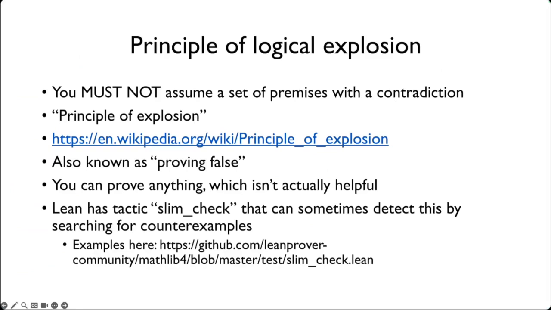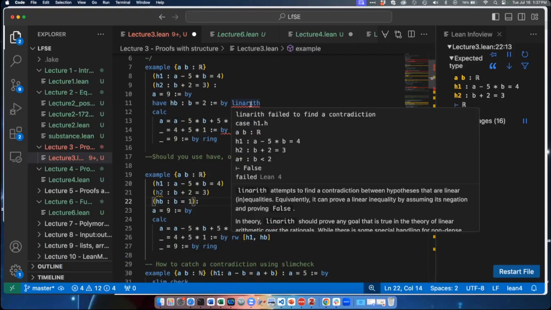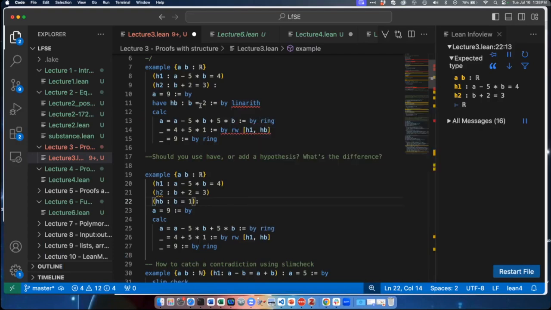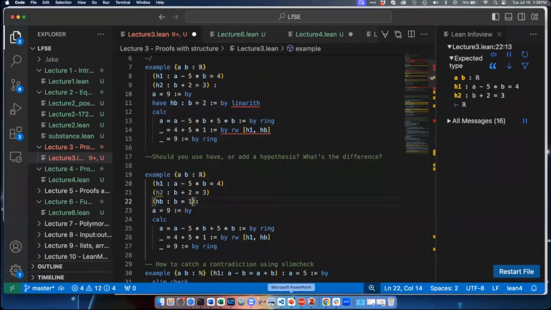There are some mathy reasons for that, some Lean reasons for that, but that was actually what was happening right here when I put the cursor here. Assuming all of these things, therefore false. We have proved false from this. We've introduced a contradiction, and that's the concern there.